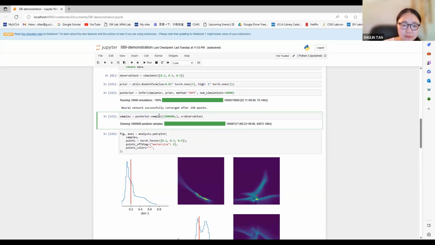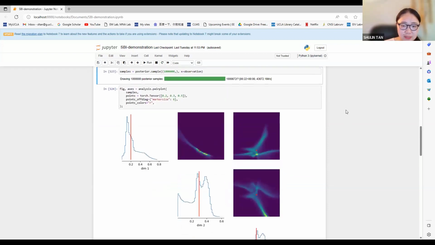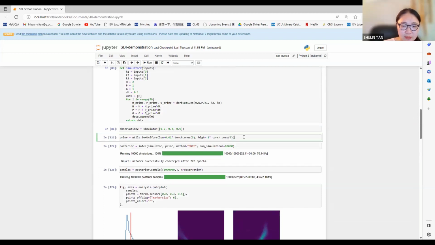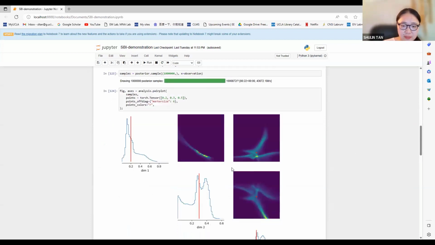And you can see the results, with a prior distribution like this. This is going to be the results that I inferred.